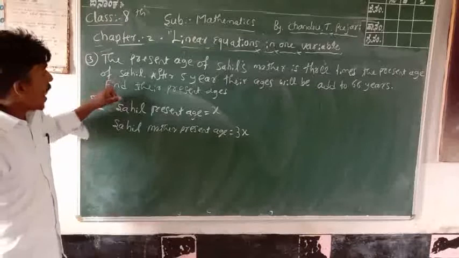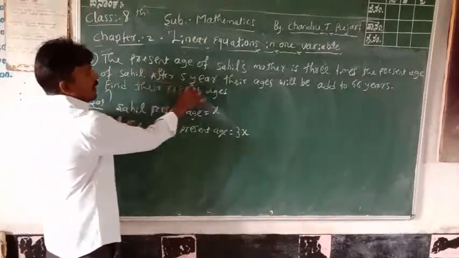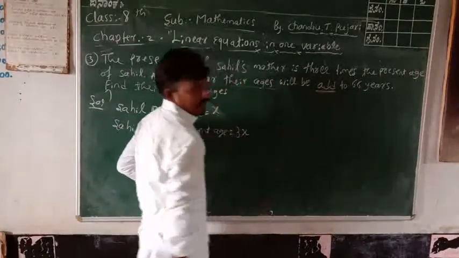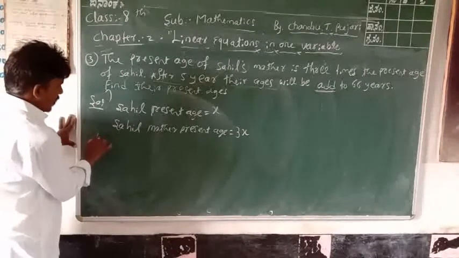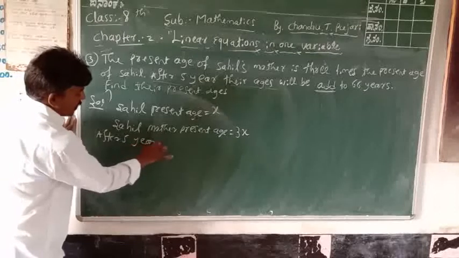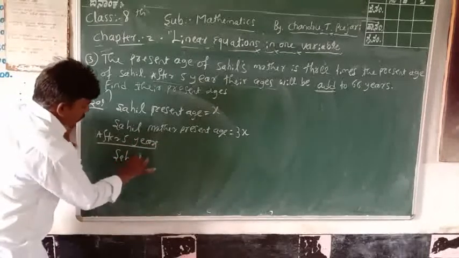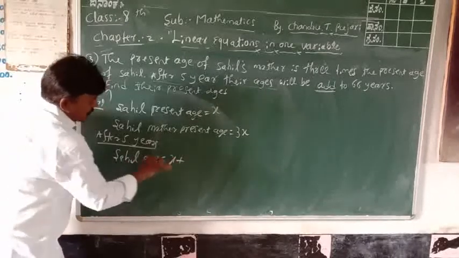The next, after 5 years their ages will be added. Therefore after 5 years, Sahil's age is x plus 5.